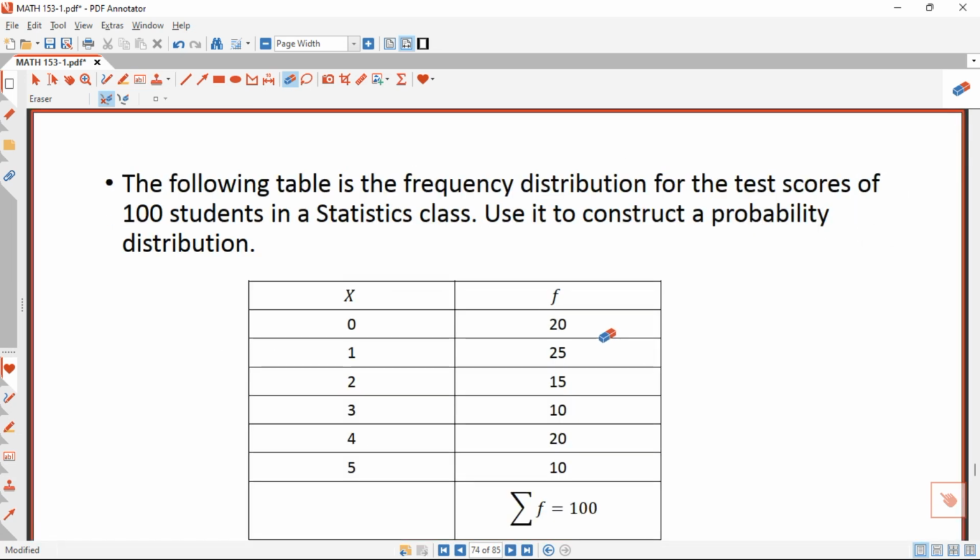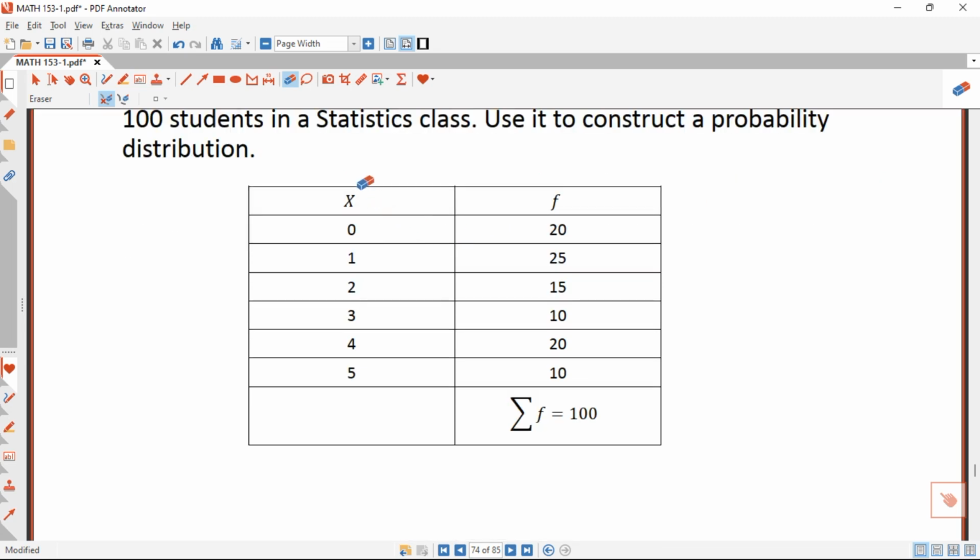Let's go on and solve more examples. This question says the following table is the frequency distribution for the test scores of 100 students in a statistics class. Use it to construct a probability distribution.